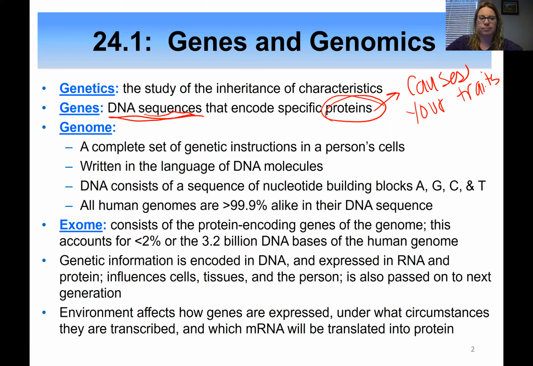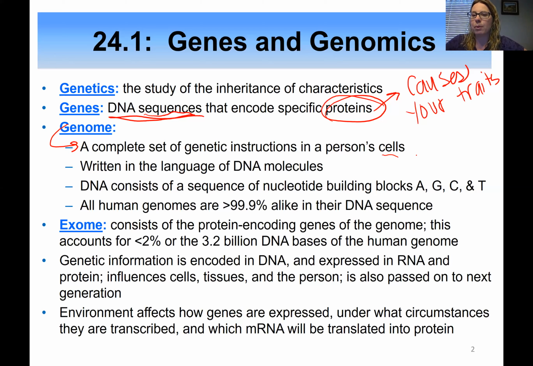Another term here is genome, and a genome is a complete set of genetic instructions in a person's cells. One thing that I think is kind of neat is that all cells that have a nucleus, remember, red blood cells don't have a nucleus, have every single set of genetic instructions.